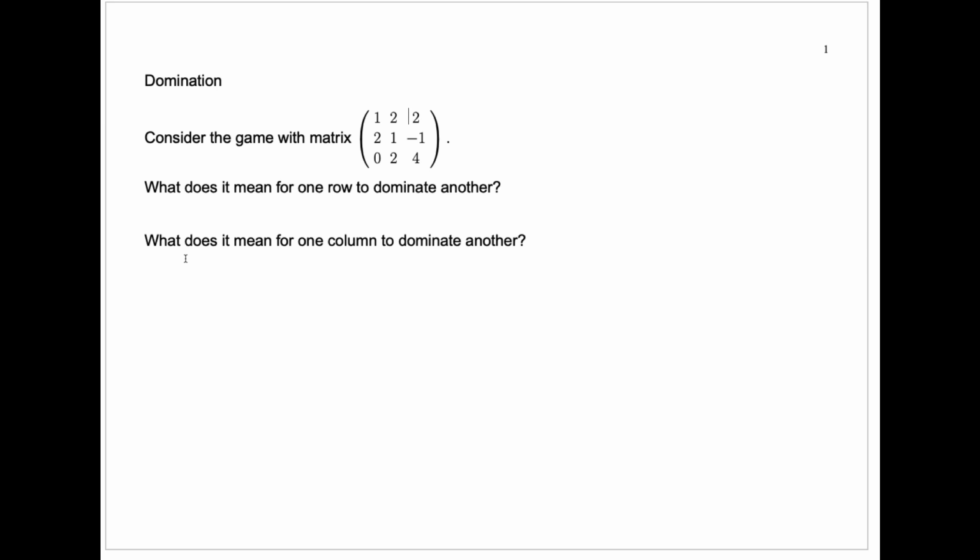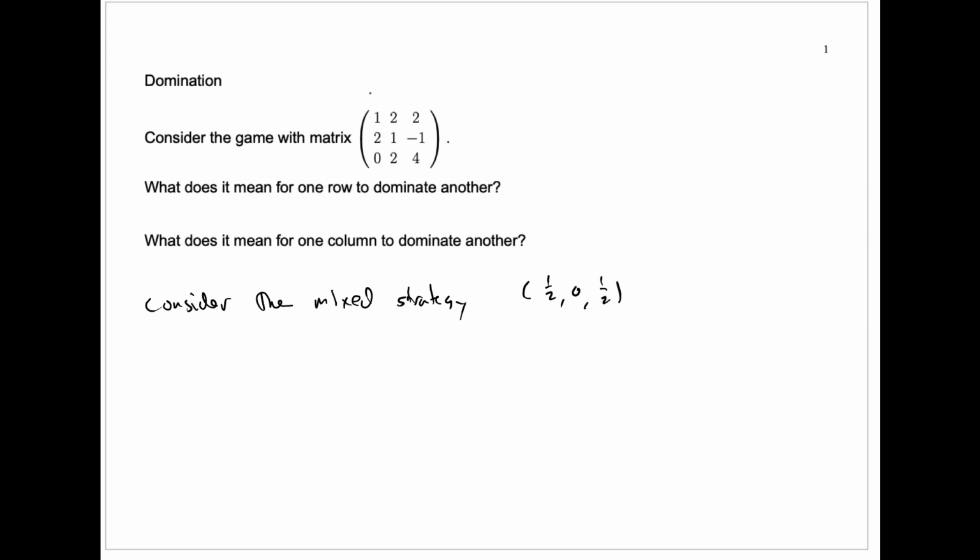What is interesting here is that even though no one row dominates another row, or no one column dominates another column, we can see the following interesting thing. If I look at a mixed strategy for player 2, and we'll label that mixed strategy 1/2, 0, 1/2.